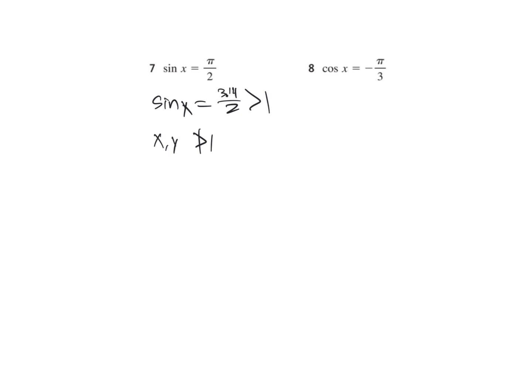Your unit circle only goes to 1. Tangents can be different. Okay, so now here we got cosine. Again, 3.14 over 3 is still bigger than 1. So these are both no solutions. So anytime you're taking sine or cosine and it equals something bigger than 1, it's going to be an error on your calculator.